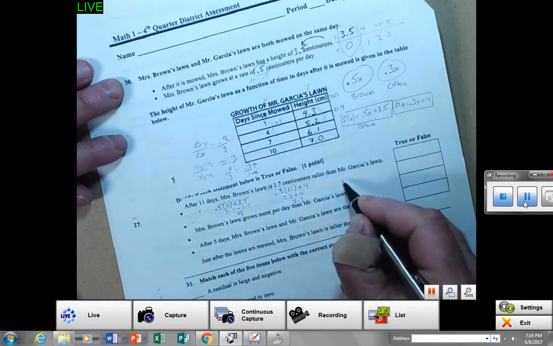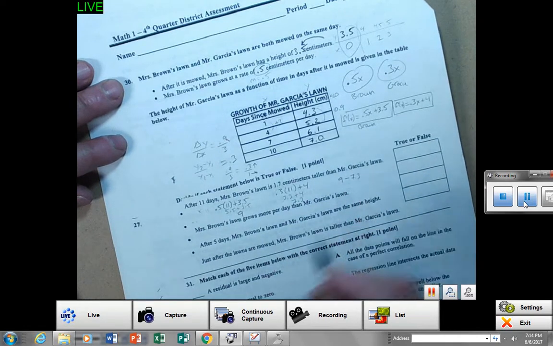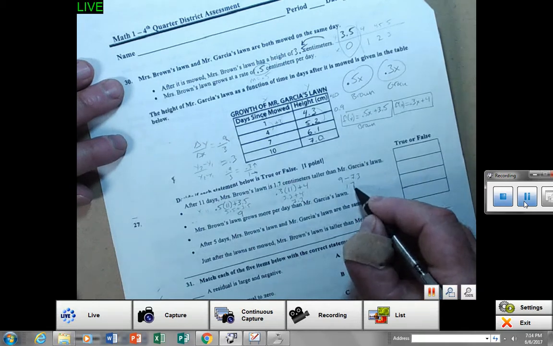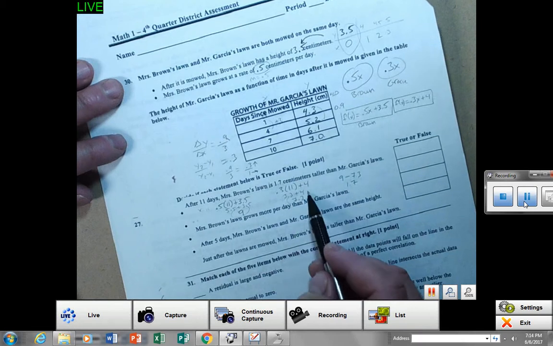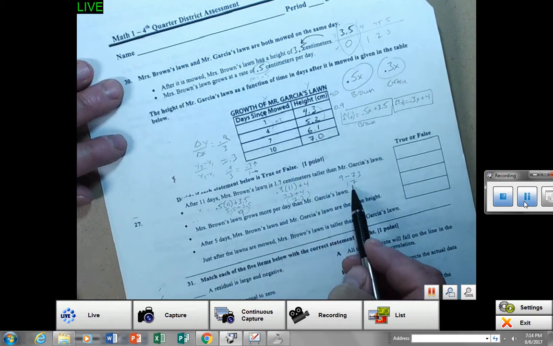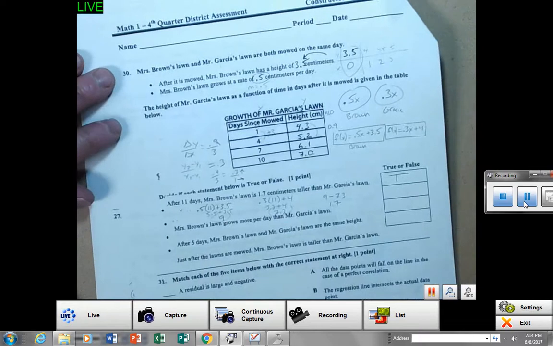If I take Mr. Brown's height minus Mr. Garcia's, that gives me 1.7. So yes, Mr. Brown's is 9. Mr. Garcia's is 7.3. Yes, that is 1.7 centimeters. That is true. To get full credit on this, you will have to show me this work.